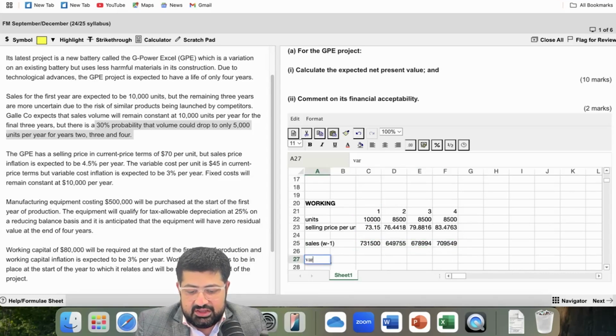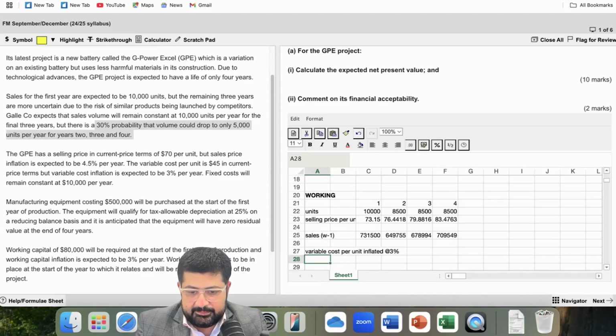Then is the variable cost per unit, inflated at the rate of, what is the rate? 3%. So variable cost per unit is 45 into 1.03 raised to power number of years.